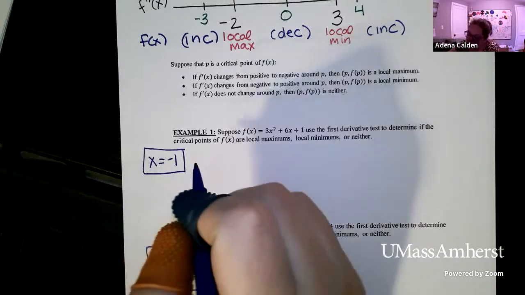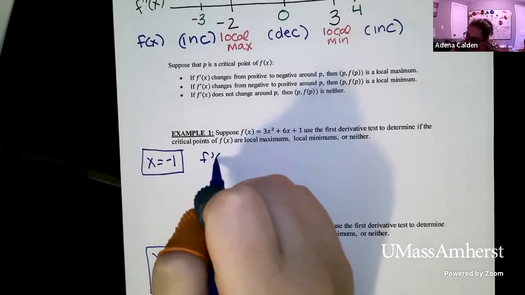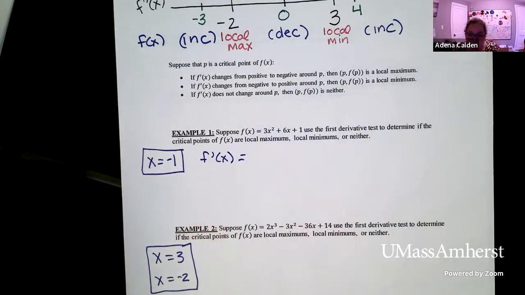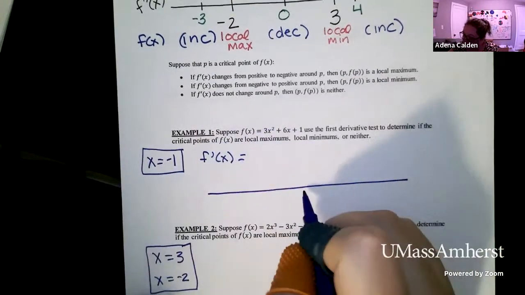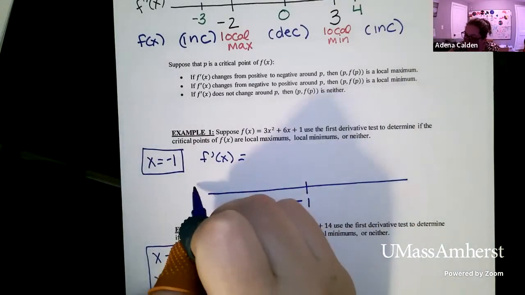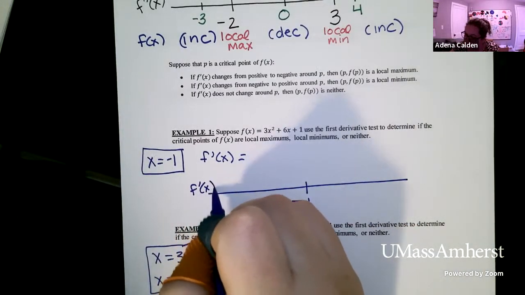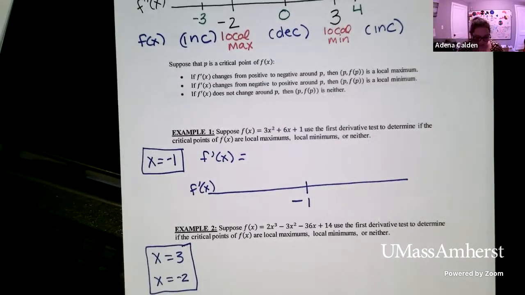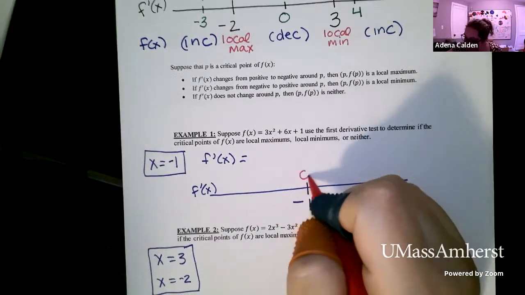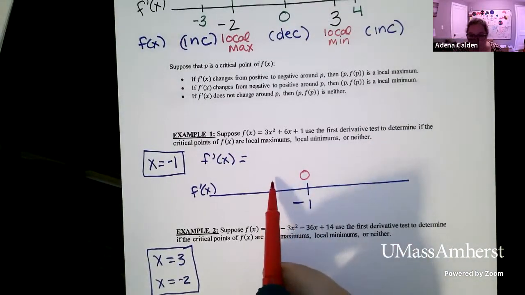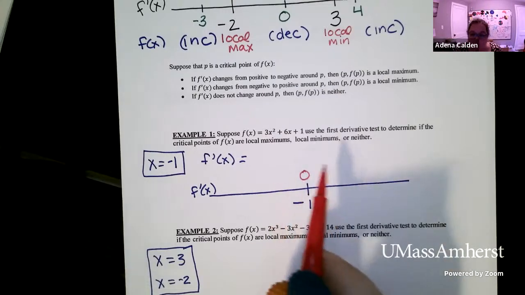Again, you're going to find the first derivative because that's going to help you test. Then you're going to have a number line where, on this one, you're going to put -1. You're going to have to test something to the left of -1 and to the right of -1 to see if we're changing from positive to negative, negative to positive, or not changing at all.